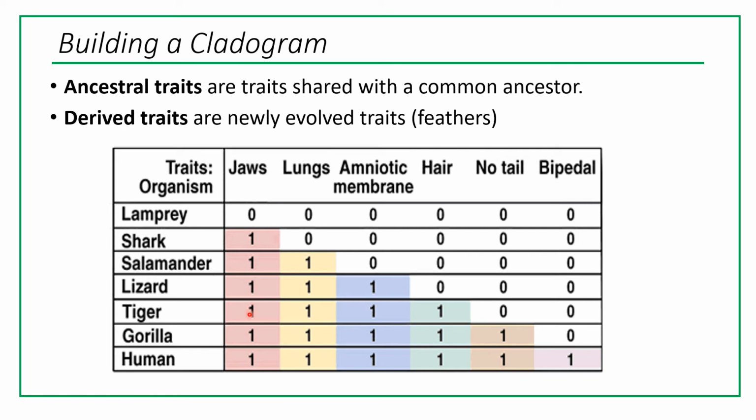Gorilla has lots of characteristics that it shares with tiger, lizard, salamander, shark, and lamprey, right? So that was a process of adding and removing something, and that's what evolution tells us. It's a remodeling process. It's not the creation of a completely new organism with very specific characteristics.